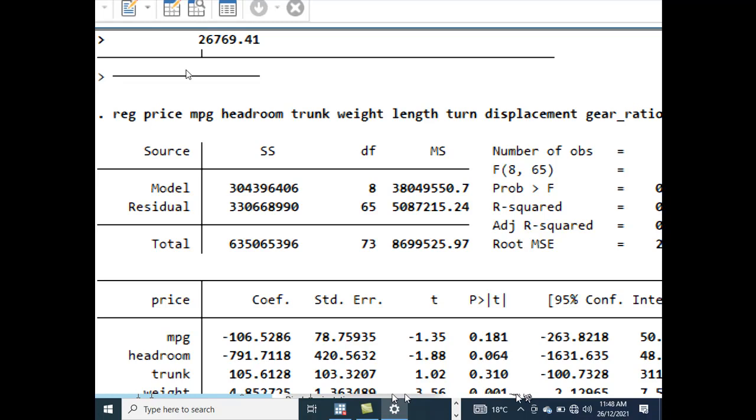Whenever the computed p-value is less than 0.05, this is evidence against H0. This is evidence against the null hypothesis. So the null hypothesis would always be rejected if the computed p-value is less than 0.05.